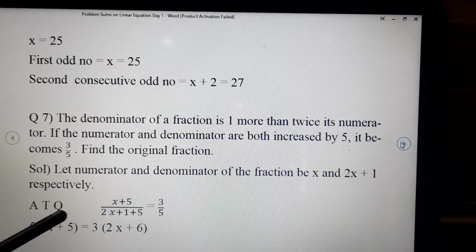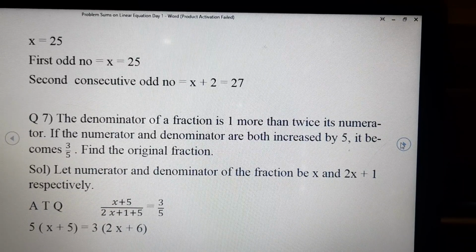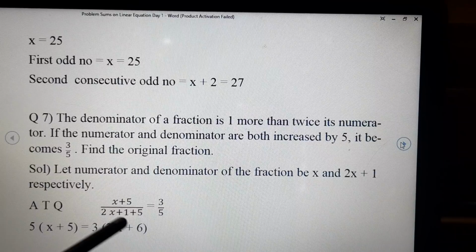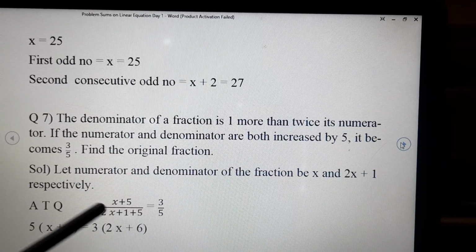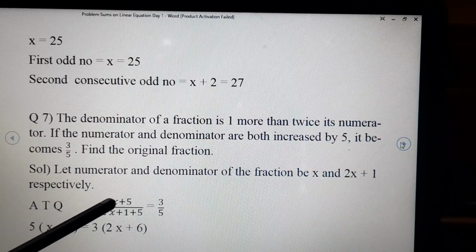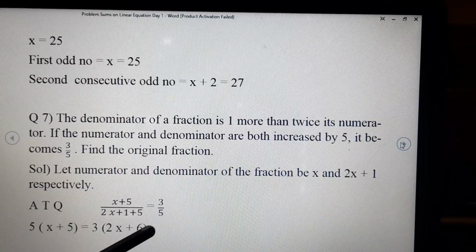So according to the question you will get the equation now. Are you getting it? Relation between the numerator and denominator, and it becomes 3 upon 5 if we add 5 in numerator and in denominator. So it becomes x plus 5 divided by 2x plus 6 is equal to 3 upon 5.